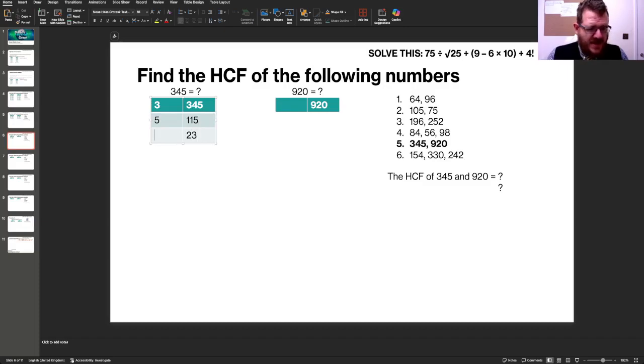But then 23 is a prime number. So it then leaves you just the following: 3 times 5 times 23. Unfortunately, that's that, because 23, as I mentioned, is a prime number.